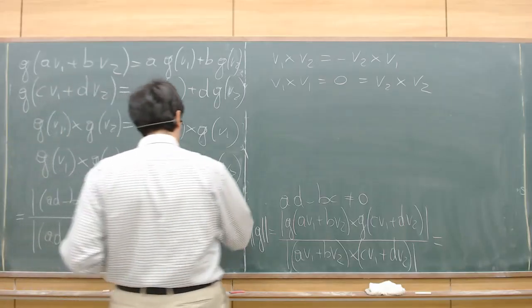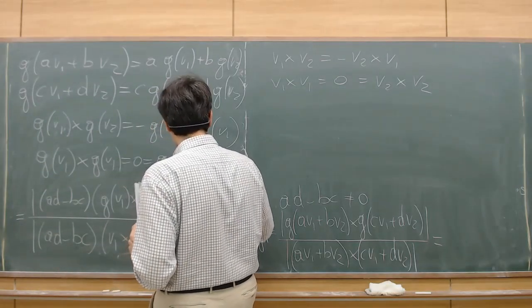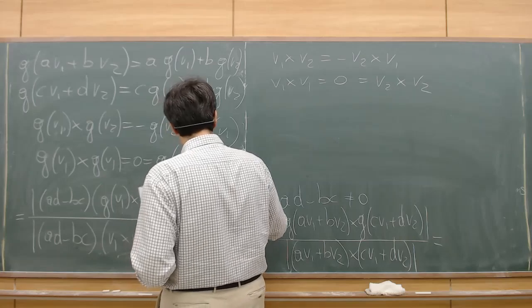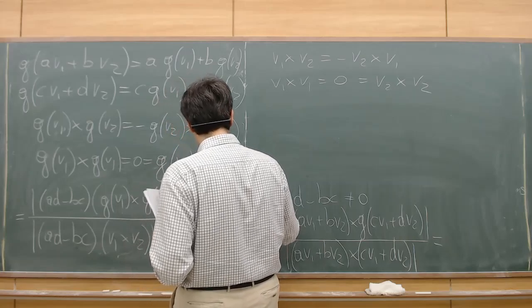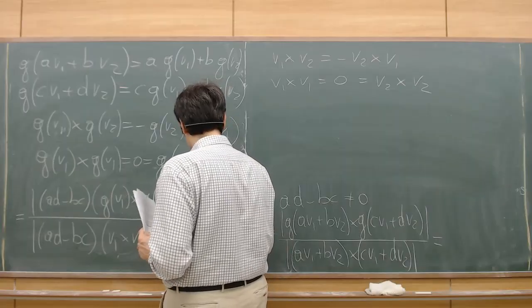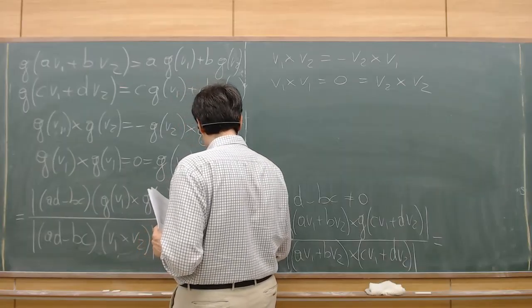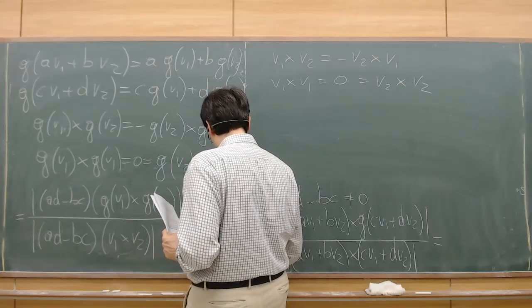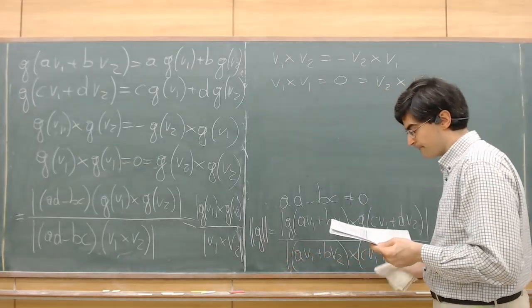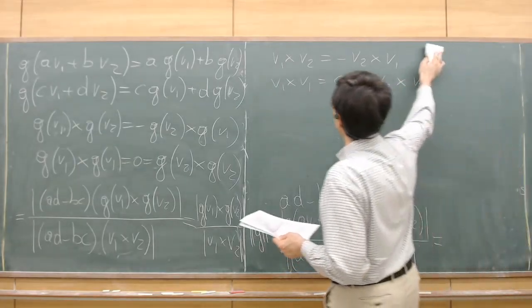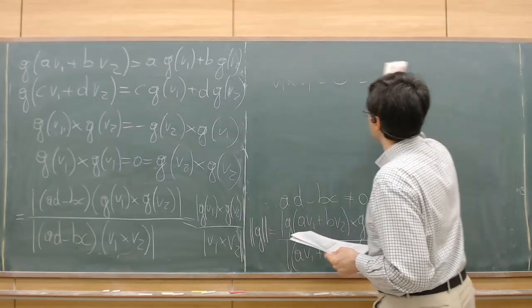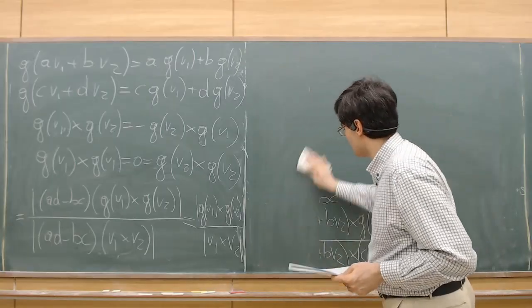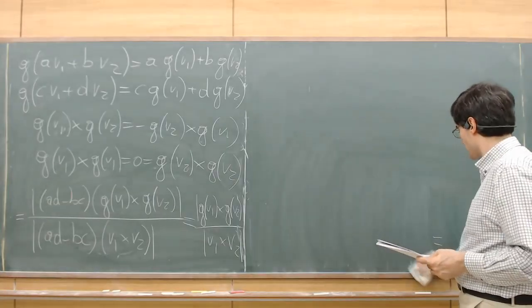So you will get the length of GV1 cross GV2 divided by the length of V1 cross V2. So what we got?